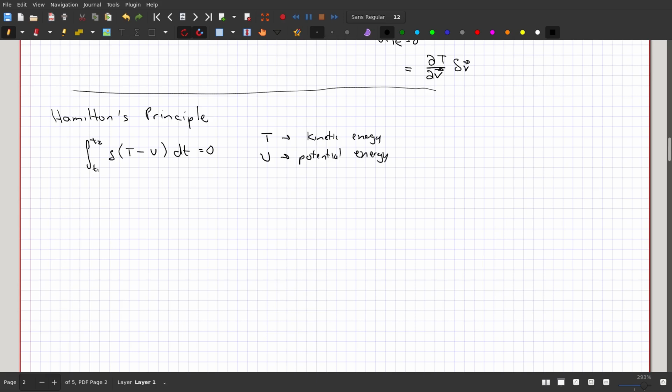So the total energy is T minus U. Ultimately we're going to plug in values for T and U, and so we'll have a function in the integrand, and we want to know what minimizes that function, so we're going to compute the variation of it, and that's a statement of Hamilton's principle.